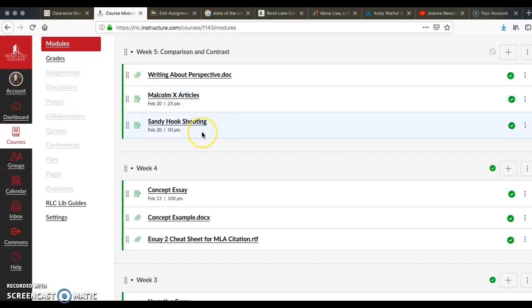And then the Sandy Hook shooting assignment is very similar. There are several articles. I've listed them in the assignment, but there's a lot of articles that came out right after the Sandy Hook shooting, which they give some background on in chapter 9.